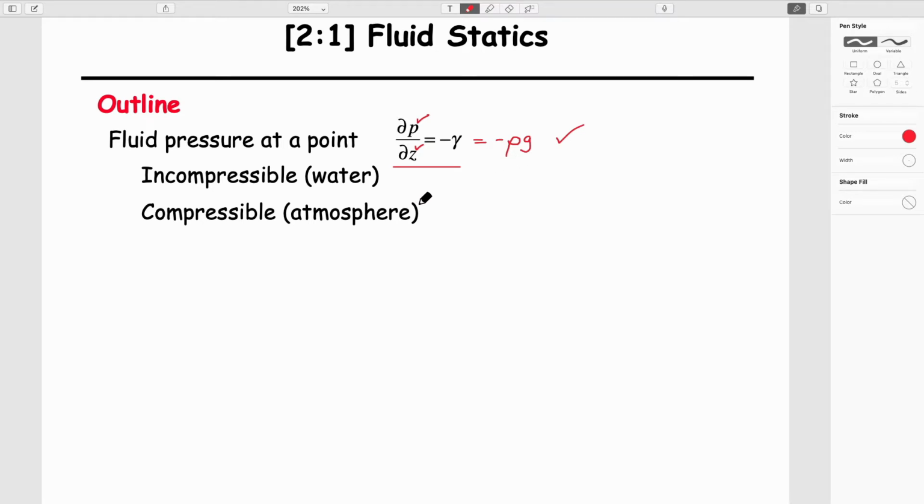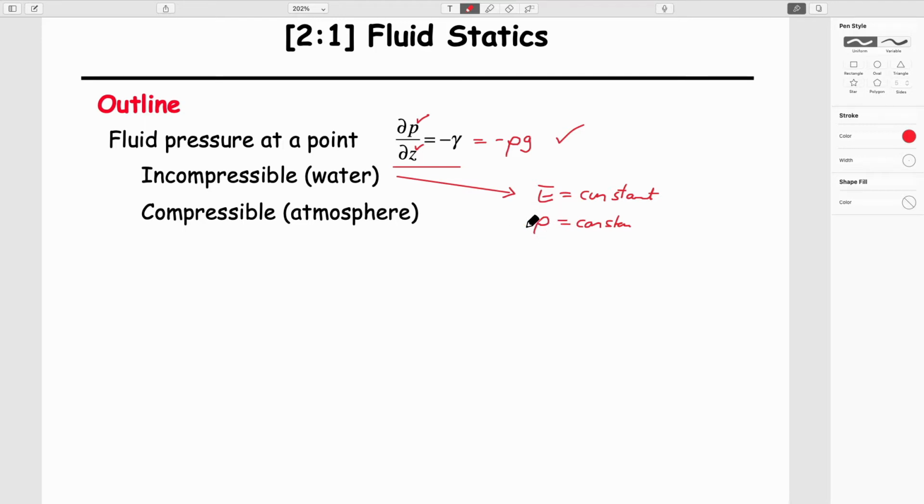But the magnitude of the pressure at a point depends on the fluid you're dealing with. For water, we know that the modulus is constant, and therefore the density is essentially constant, because you remember that modulus is the change in pressure divided by the change in density over the initial density.